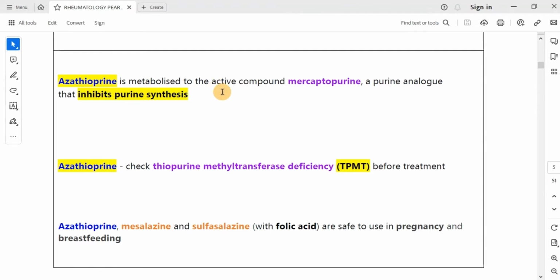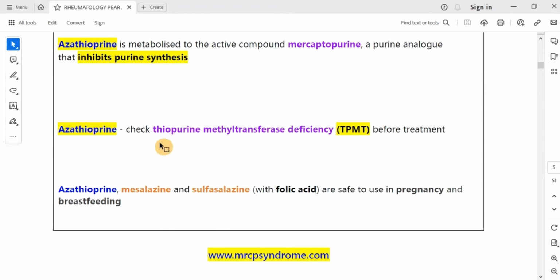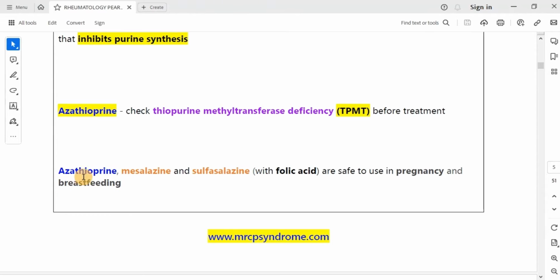Azathioprine is metabolized to the active component mercaptopurine, a purine analog that inhibits purine synthesis. So in case of azathioprine, check for TPMT, thiopurine methyltransferase deficiency, before treatment. Azathioprine, mesalazine, and sulfasalazine are all safe to use during pregnancy as well as during breastfeeding.